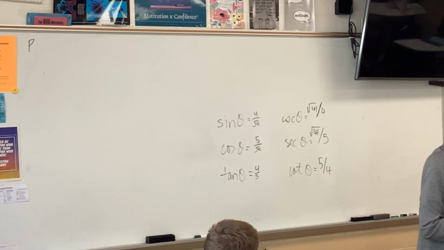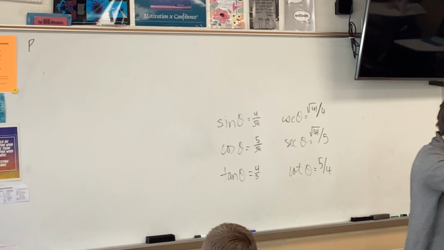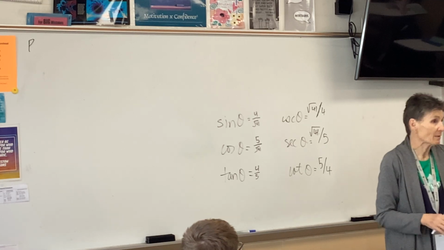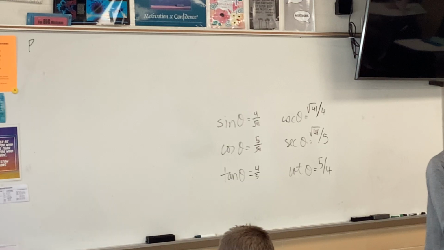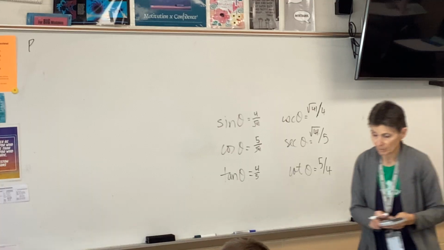You got a big old decimal, and if you had to write that down in the answer blank, you would have to round that off, right? Not exact. When you do something on your calculator in trigonometry, it will not be exact. So when it says find the exact sine, that means we have to do it by hand.